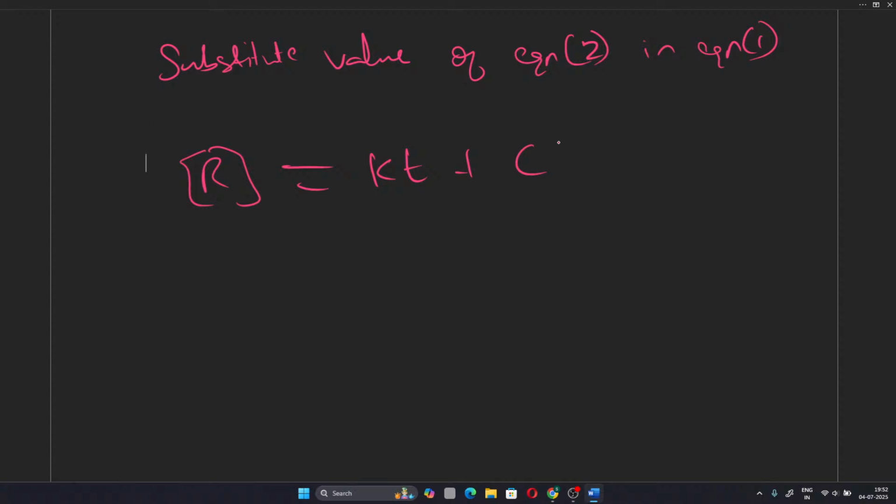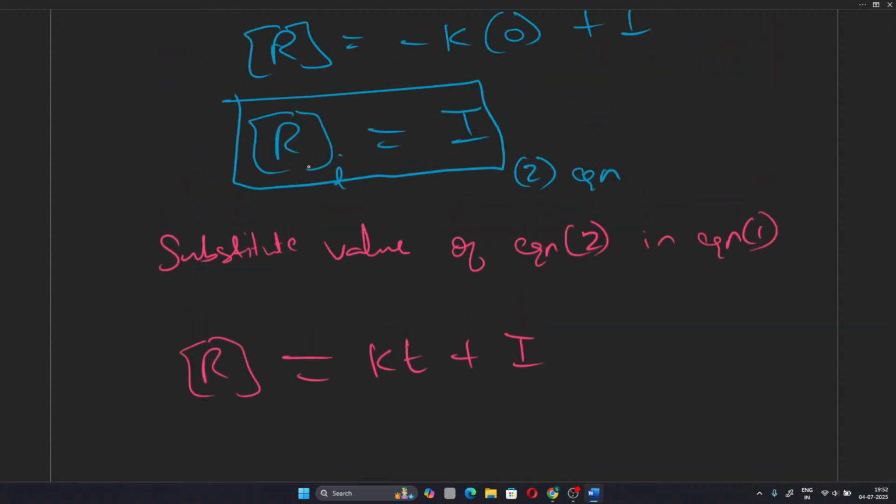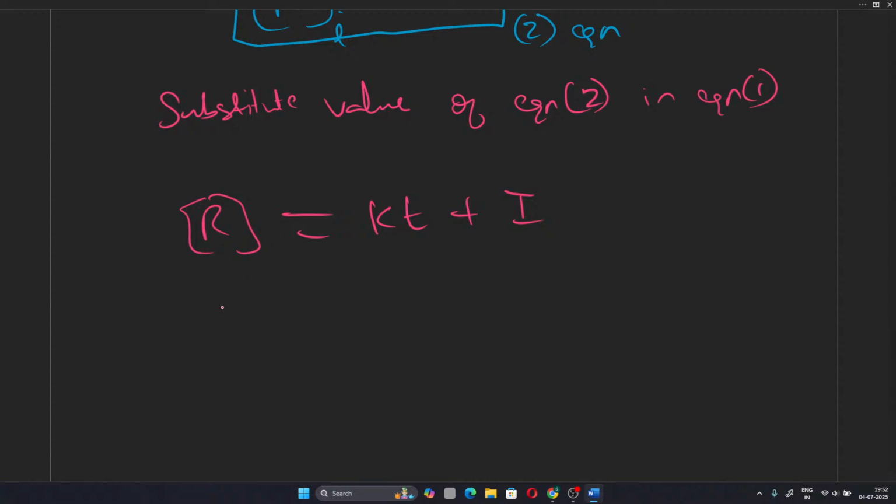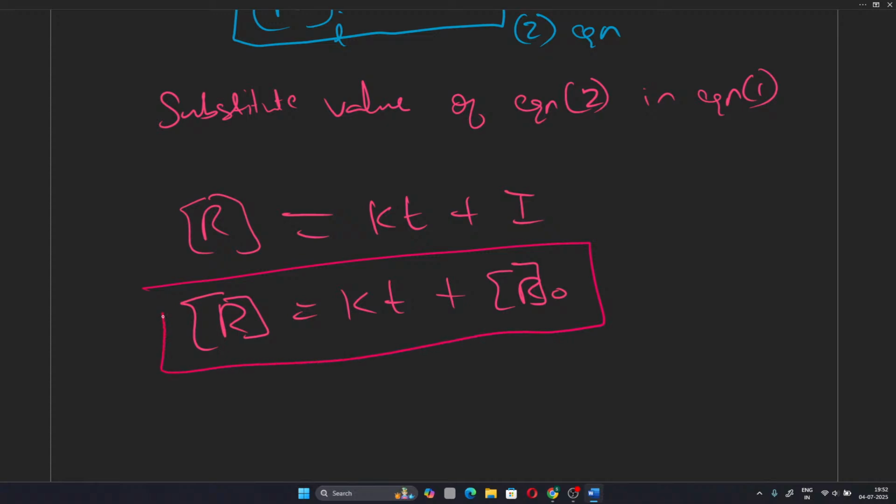This can be C or I. We know the value of I equals R initial, so substitute that. R equals kt plus R initial, where R naught is R initial. This is what we got.